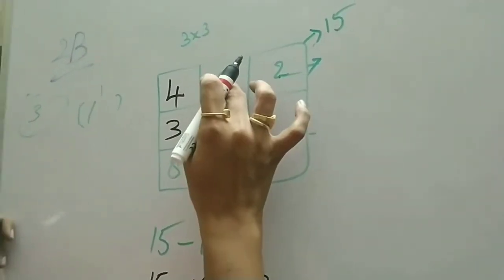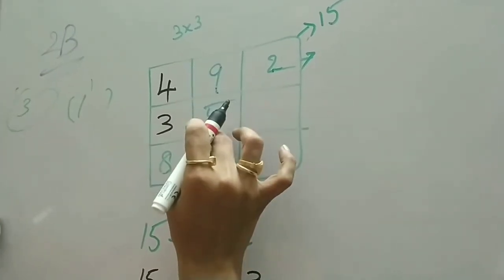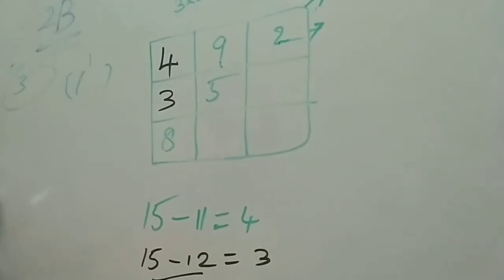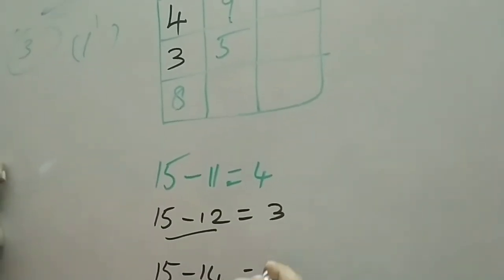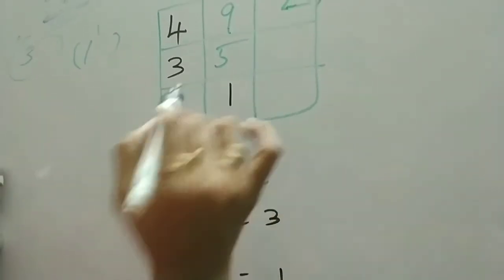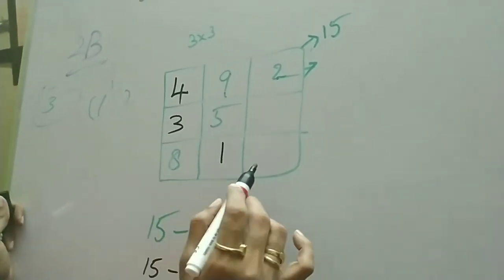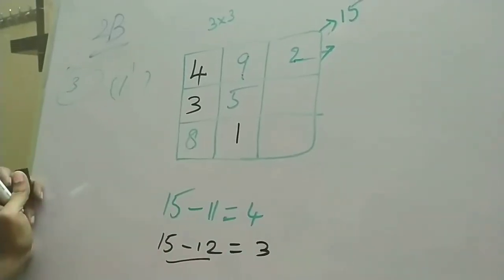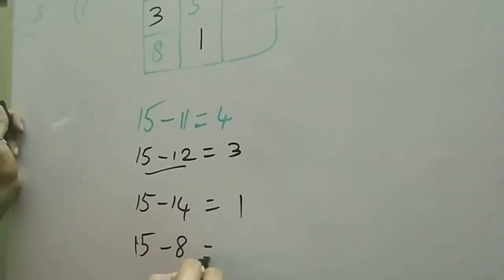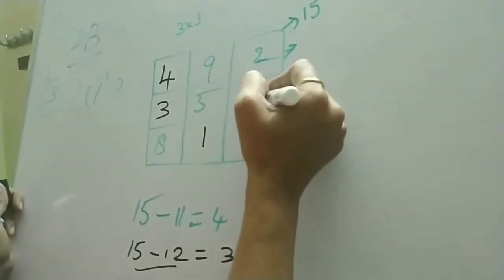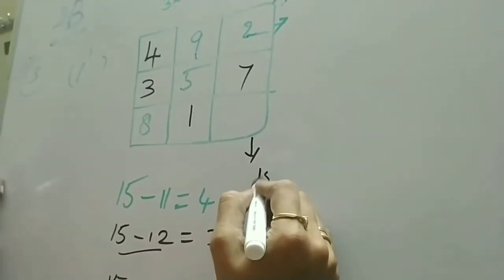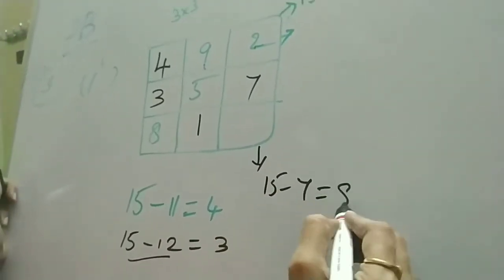Next one: 9 plus 5 means 14. 15 minus 14, 1. After that, see this one: 3 plus 5, 8. 15 minus 8, 7. Then 2 plus 7, 9. 15 minus 7, we are getting 8.